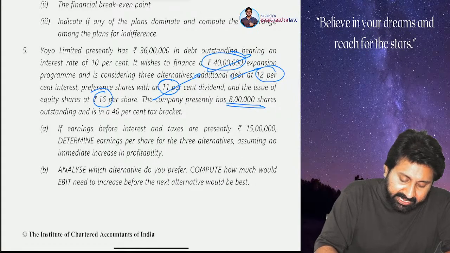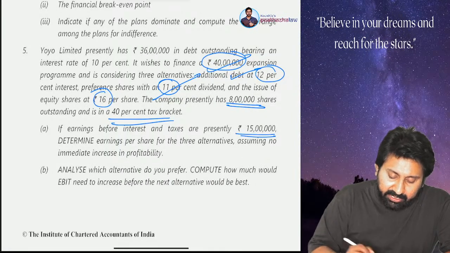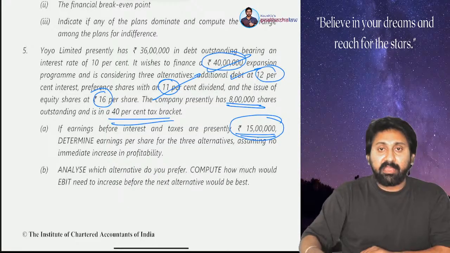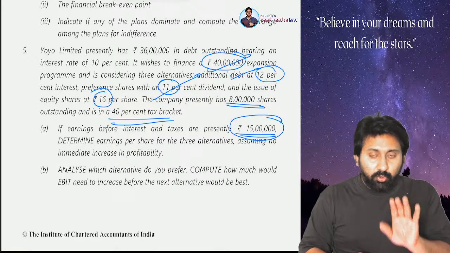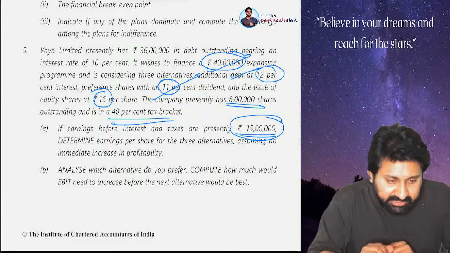Presently, the company has 8 lakh shares outstanding and is in the 40% tax bracket. Earnings before interest and tax is 15 lakh. Let us not waste time; let's do more questions.